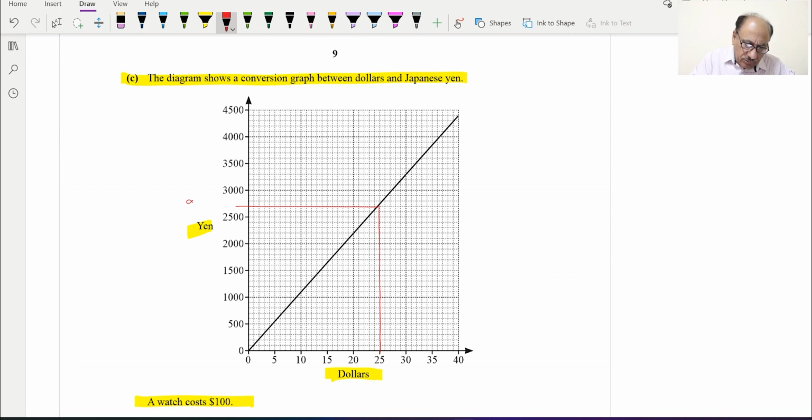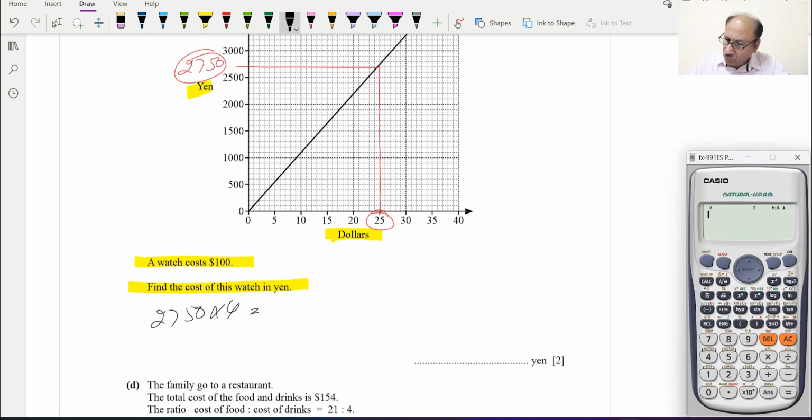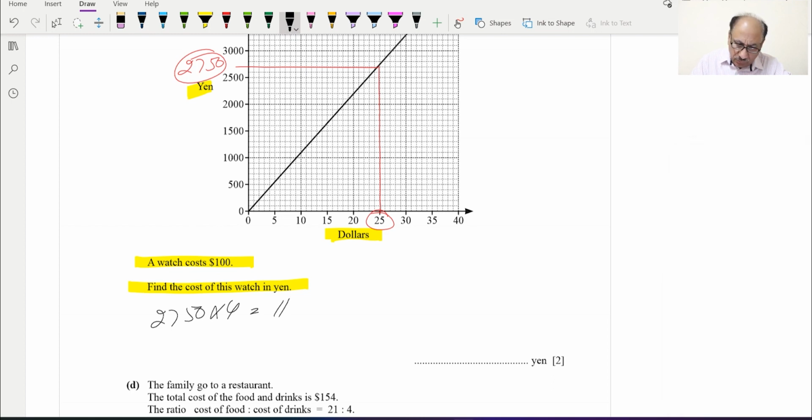This will be 2750 for 25, and we multiply 2750 by 4, which is equal to 11,000. So we can write 11,000 yen.